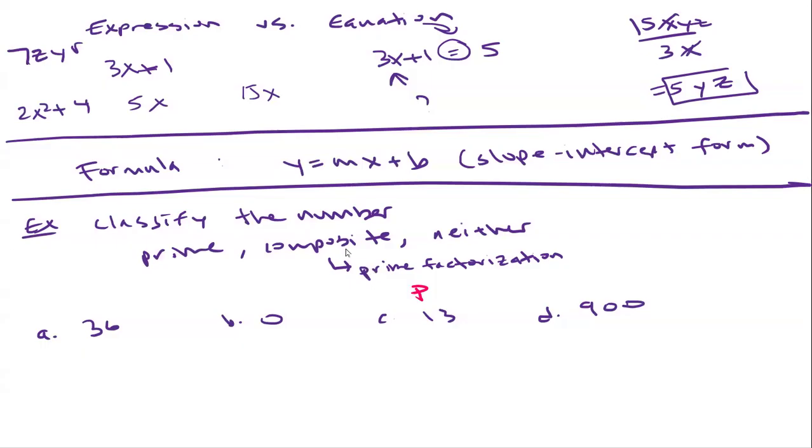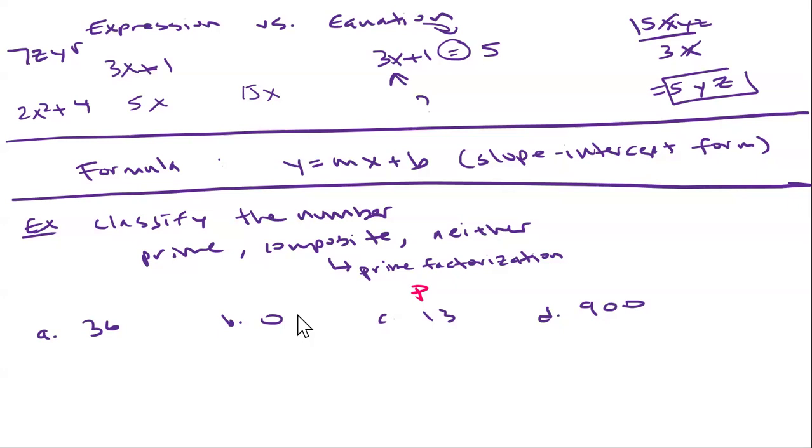One of the definitions of a composite is that it has a limited amount of numbers you can divide it by. But for 0, there's infinite. 0 divided by 1 is 0, 0 divided by 2 is 0, 0 divided by 3 is 0. So there's an infinite amount of numbers you can divide into 0 to get 0.